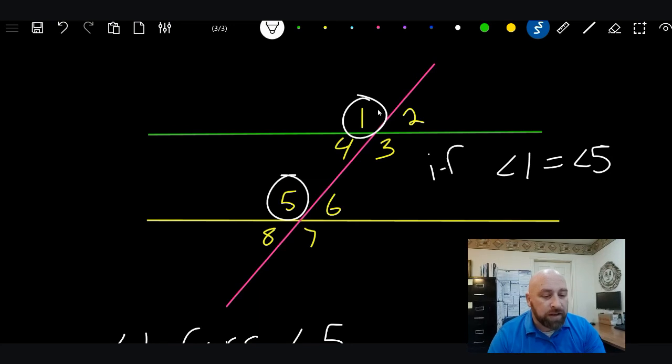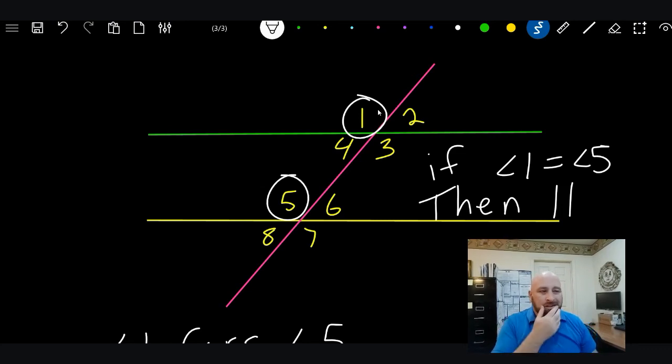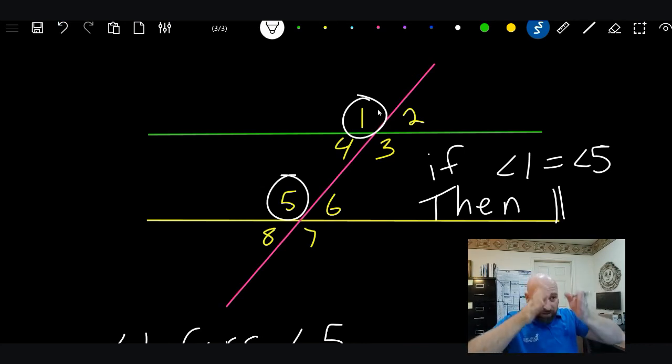Let's put: if that, then parallel. It looks like 11, I know, but it's the parallel sign, and usually the parallel signs are close together so you don't confuse them with an 11. Parallel is just two sticks right next to each other. So why does 1 equal 5? I don't know. We proved it a different way, maybe it was given. I'm just saying, if angle 1 equals angle 5, then the lines are parallel.